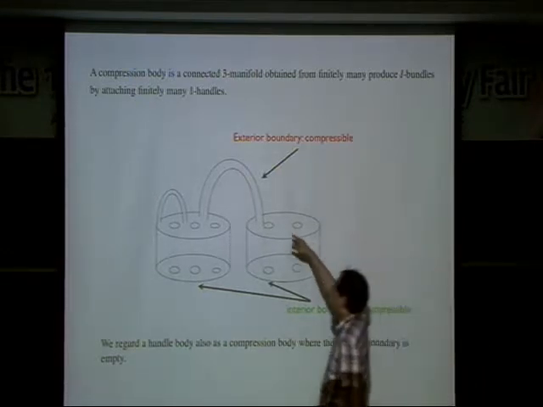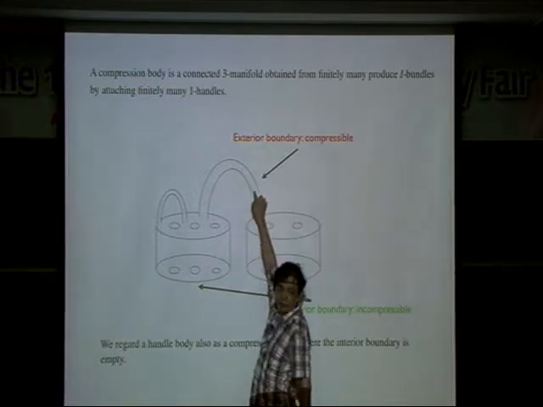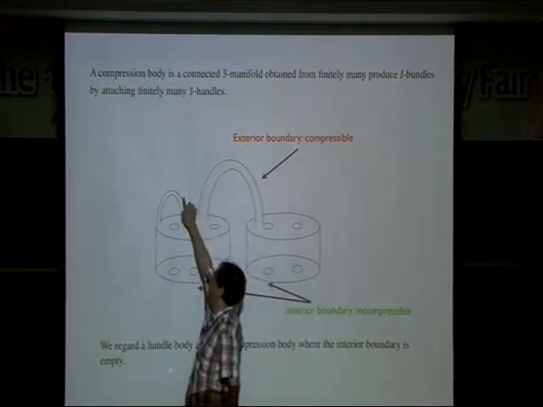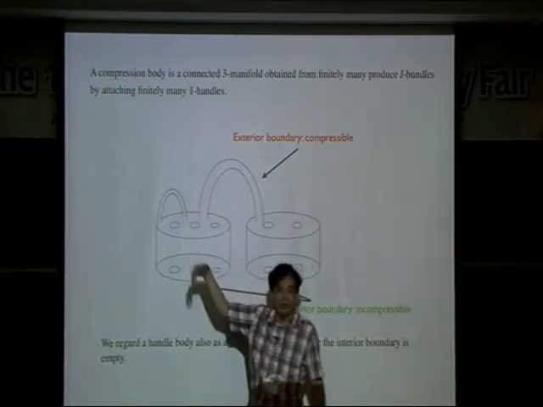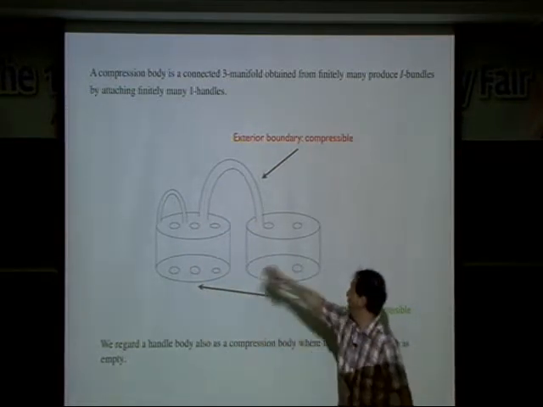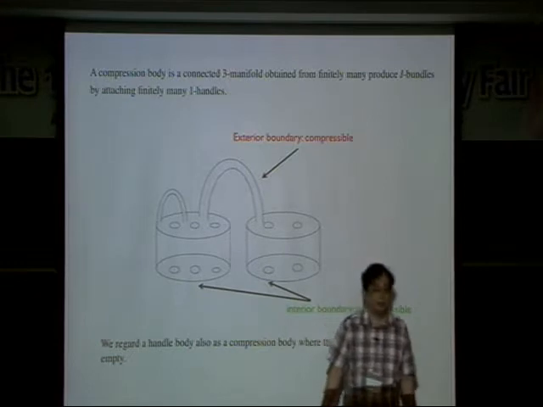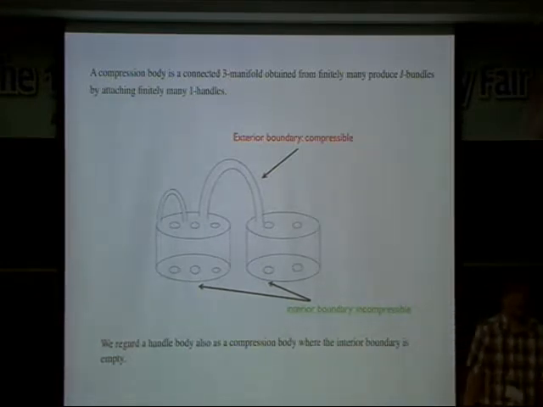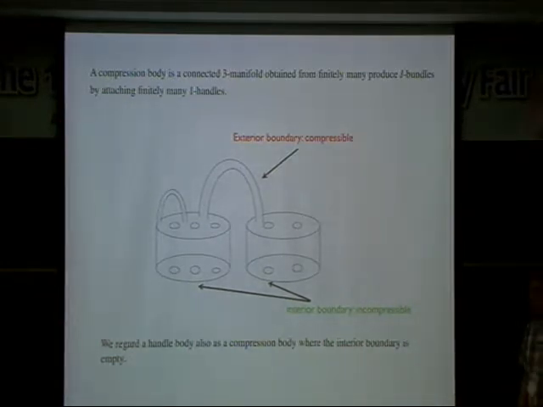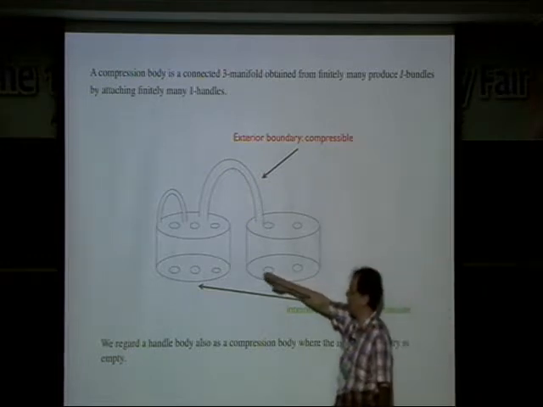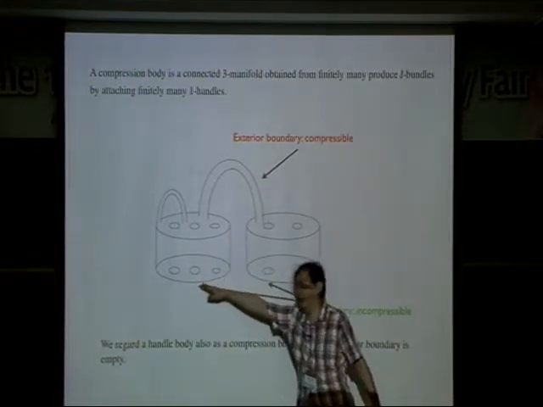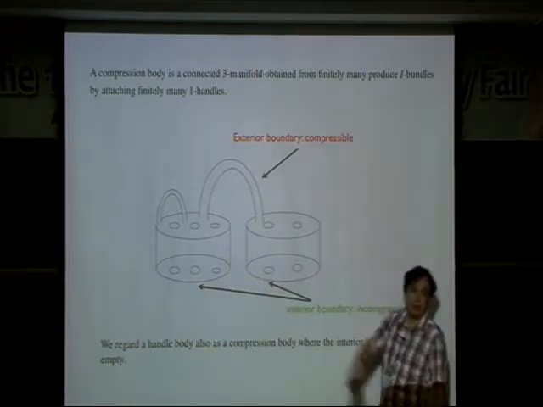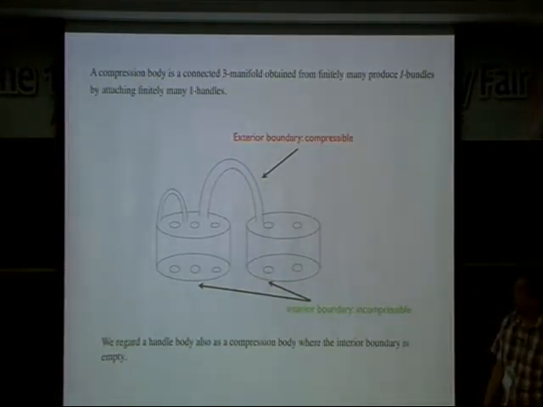For instance, in this picture you have a compressing disk here and a compressing disk there, so there are infinitely many compressing disks, and this boundary component is compressible. All the other boundary components are incompressible. In this picture you have two other boundary components, one here and the other there, and they are both incompressible.